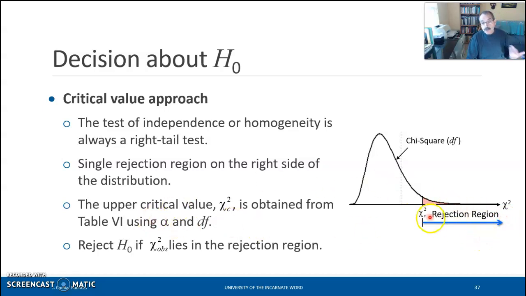So to find the critical value that separates the rejection region from the non-rejection region, we use table 6, the chi-square table. And we use the level of significance together with the degrees of freedom to find this value. Once you find the critical value, if the computed value of the test statistic lies in the rejection region, we will reject the null hypothesis. So the same rule as before.